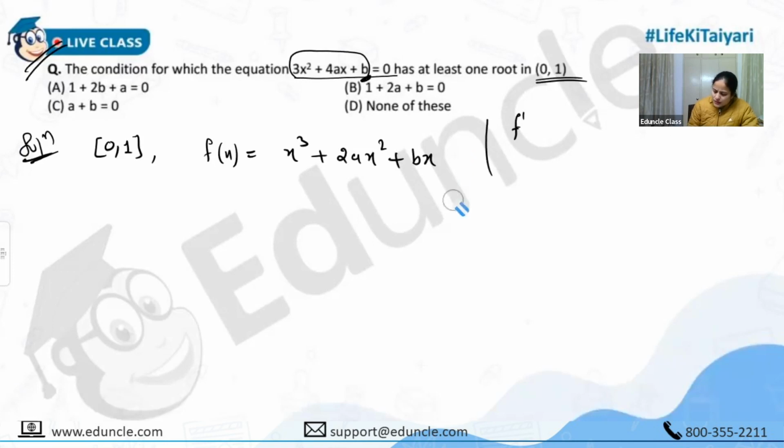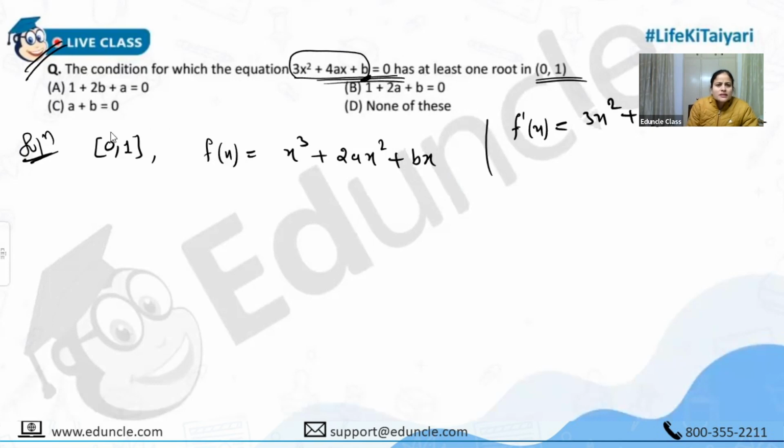Clearly f dash x gives 3x square plus 4ax plus b. So this is the derived equation.